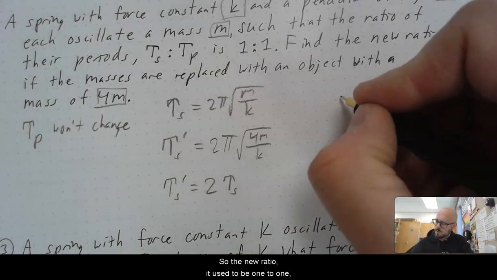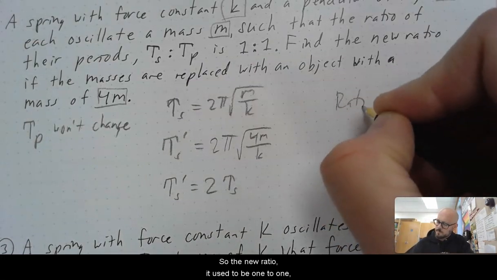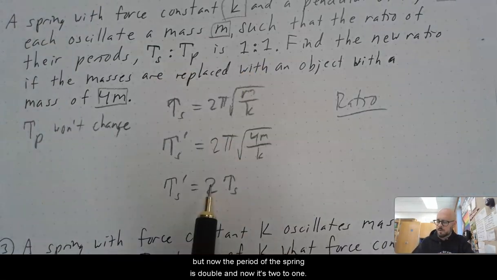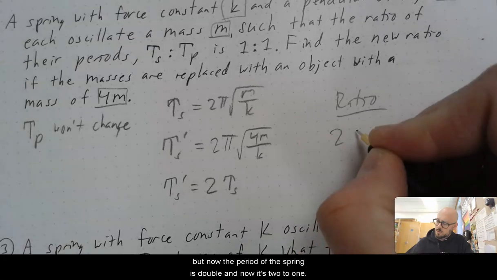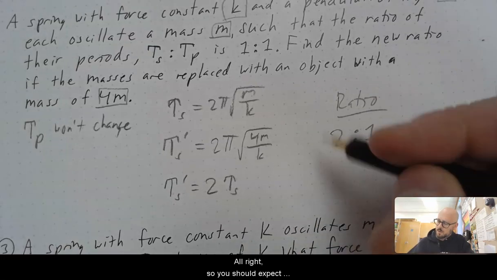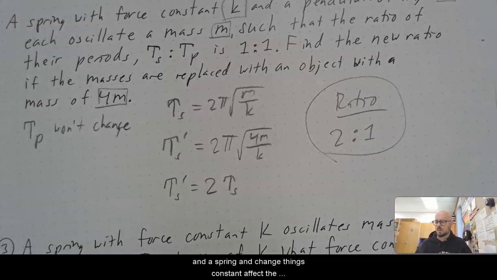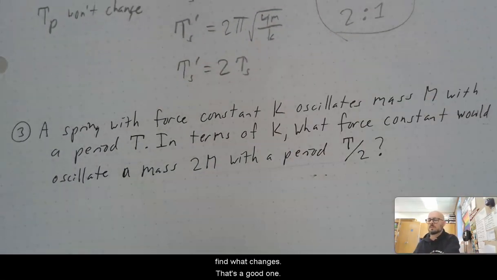So the new ratio, it used to be 1 to 1, but now the period of the spring is double, and now it's 2 to 1. All right, so you should expect questions like that have you compare a pendulum and a spring and change things that affect the period of one but not the other. Another classic one is to change the length of the spring and the pendulum and then find the new ratio or find what changes. That's a good one.